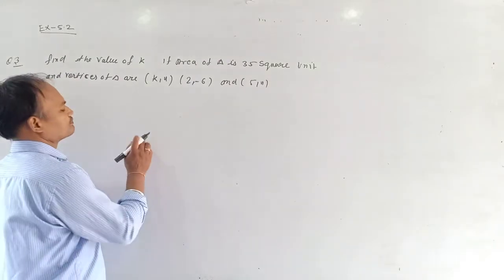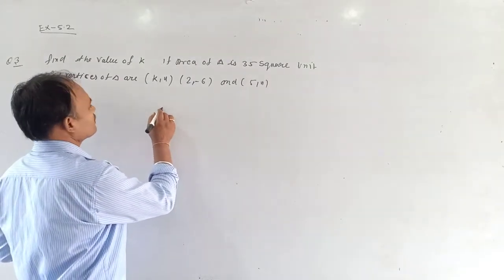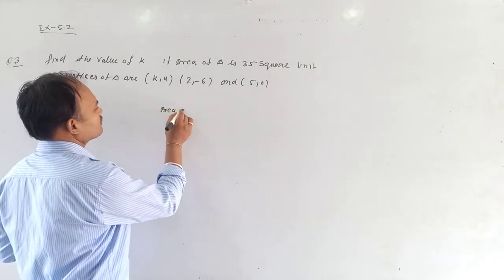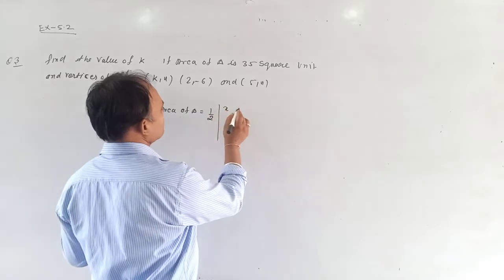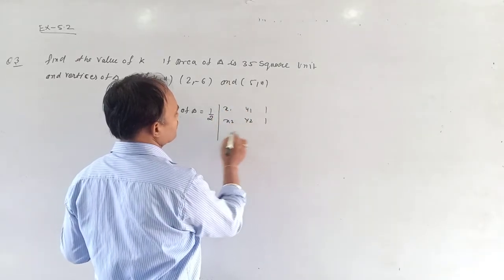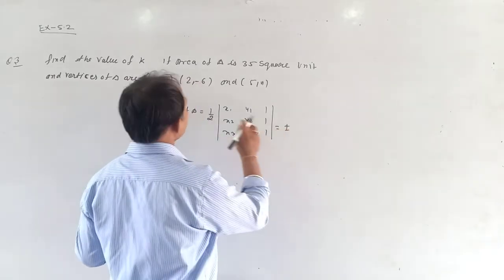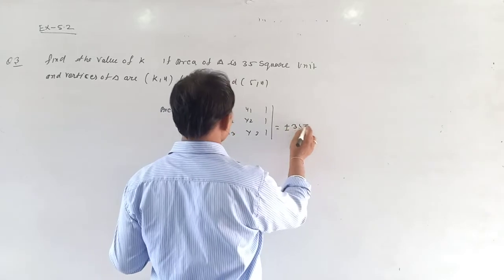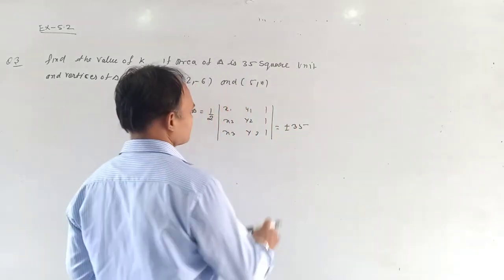Okay, so area of triangle equals 1 by 2 times the determinant with rows x1 y1 1, x2 y2 1, x3 y3 1, and it is plus minus 35, where 35 means area of triangle.